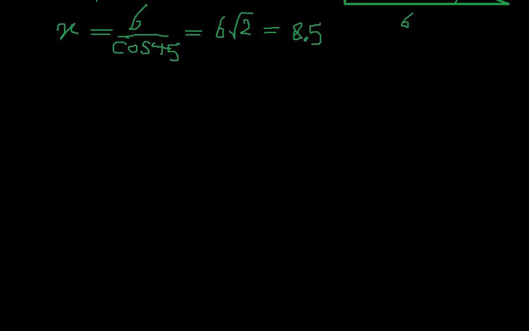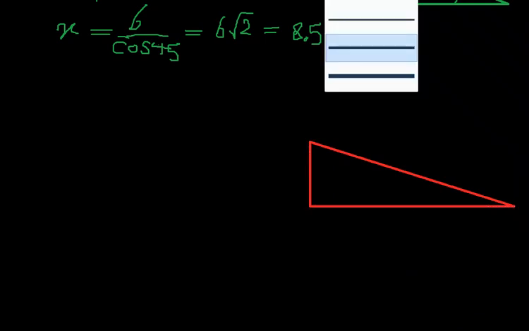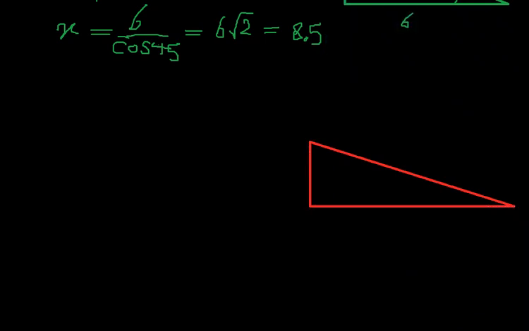For example, let's assume we have this right triangle, and there is a line here indicating that this side is equal to 2, this one is equal to 3, and our angle is equal to 36 degrees. Okay, let's solve this one.